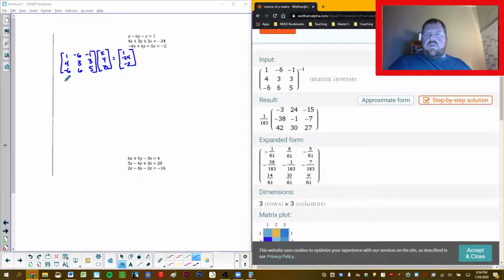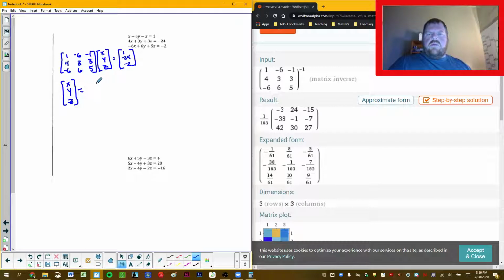That's okay though. I know that my x, y, z will be equal to, yep, tough one. This is going to probably take more room than I plan on.